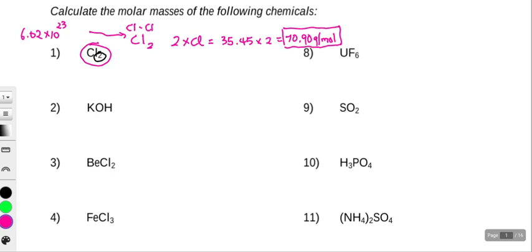Let's take a look at an example now that involves some different elements. So once again, to work our way through this, we're going to take a look at the individual elements that make up this compound.